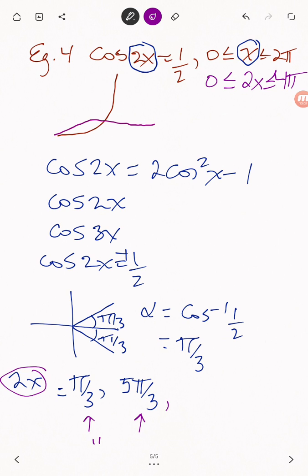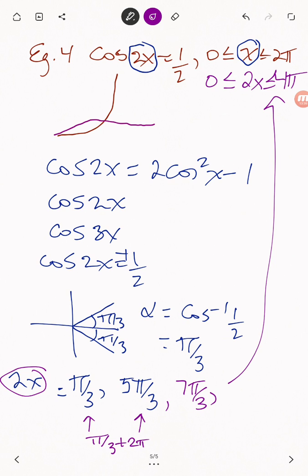Well, if you remember the definition of coterminal angles, you would add 2 pi to pi over 3, which, just doing a little arithmetic, 6 pi over 3 plus pi over 3 would be 7 pi over 3. Is that less than 4 pi? Yes, because 7 over 3 is just over 2 pi. So that's still in our domain of 0 to 4 pi.